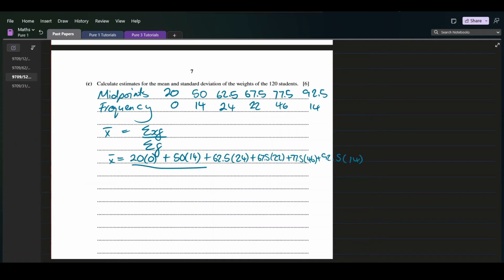And this should all be over our cumulative frequency, 120.